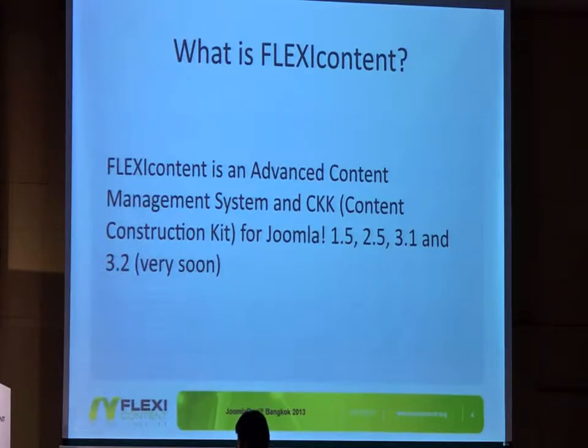Now it's a lot better, of course, but I needed to have it better. And it's also a CCK. CCK, content construction kit, means that you can create your own type of content, add some custom fields, and for example, filter, search engine, or whatever. It's not only an article.